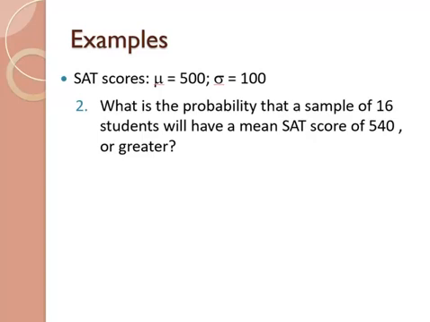You're going to get a z-score, plot that z-score on a normal distribution, and figure out what you have to look up in the table to find the probability that a sample of 16 students would have a mean SAT score of 540 or greater. So again, pause the video, give it a shot, and I'll go over the answer with you on the next few slides.